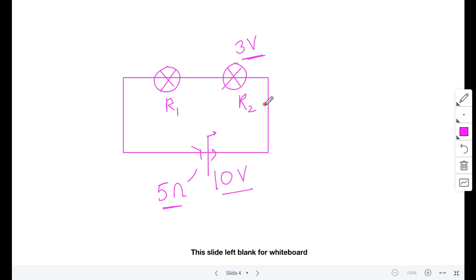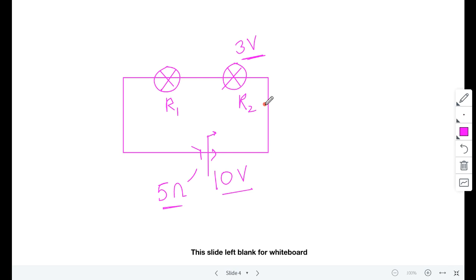Because 2 is the current, and in a series circuit current stays the same, I know that the current through both is 2 A. For voltages, to find the missing voltage it would be 10 minus 3, right? So that would be 7 volts.